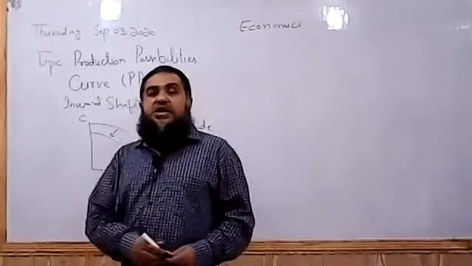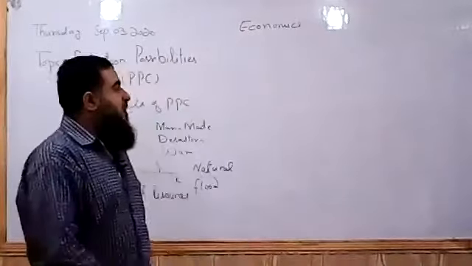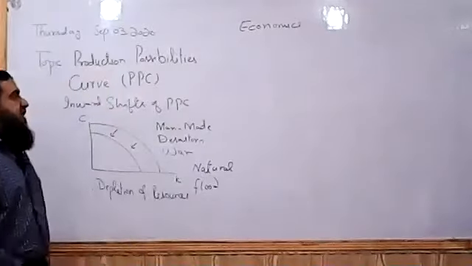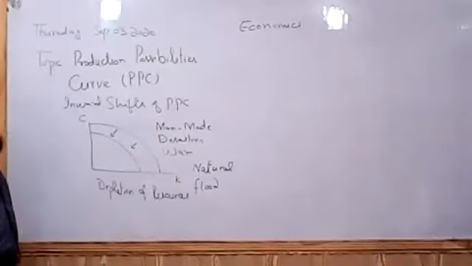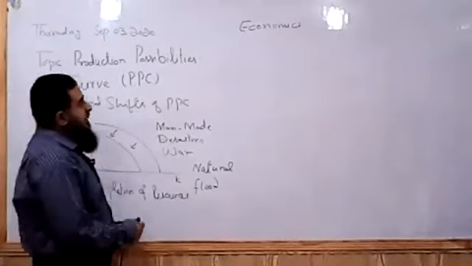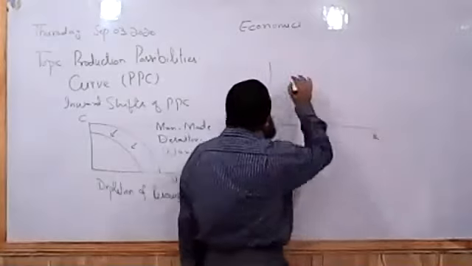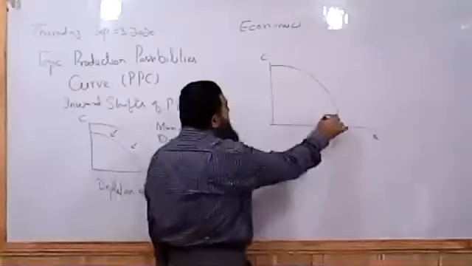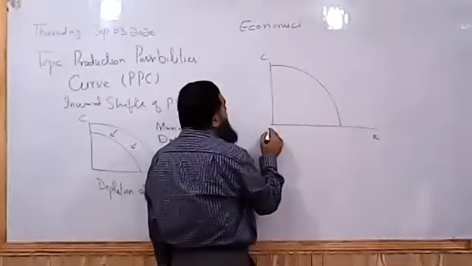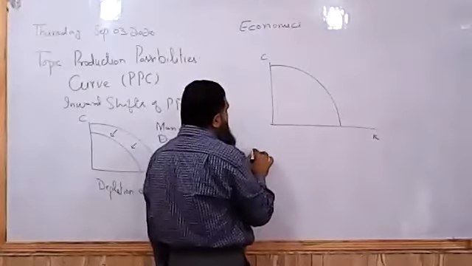So we can say PPC can shift outward whenever the factors available to a country are increasing and they are able to produce more goods and services. So then PPC will shift outward. One thing I want to mention is capital goods and consumer goods. We can say there are two types of countries in the world.